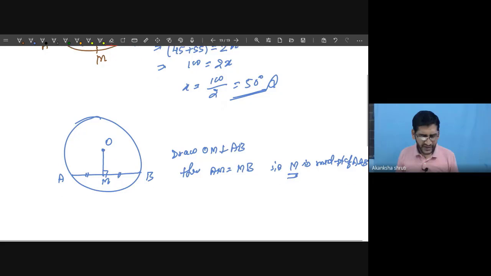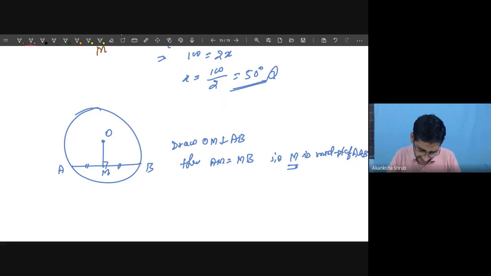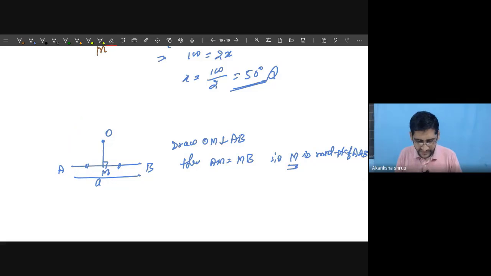It is one thing. Now there is a relation, means if this entire one, if we are considering this as the chord length, it is denoted by A, or half of this chord length is like this one, or let us denote this AM by the small a and MB also by small a.